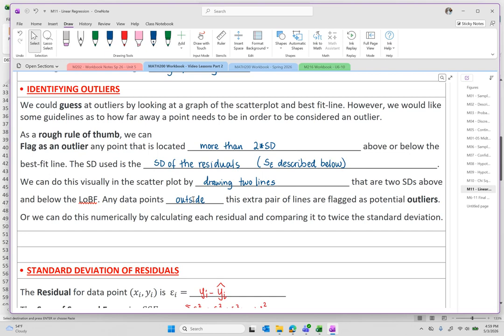The standard deviation used is the standard deviation of the residuals, called S sub epsilon, which is described below. And you can do that visually if you draw 2 lines that are 2 standard deviations above and below the line of best fit. Any data points outside this extra pair of lines are flagged as potential outliers.